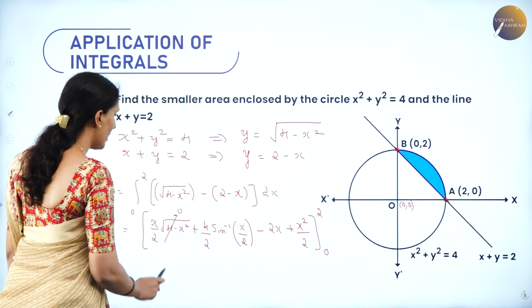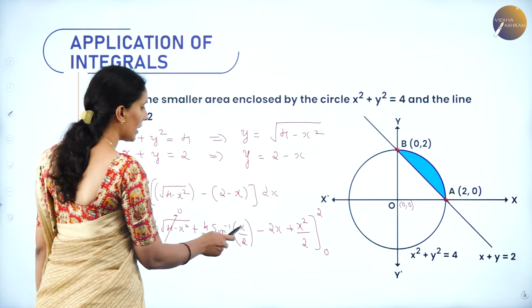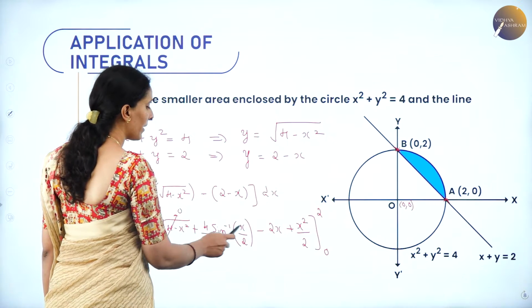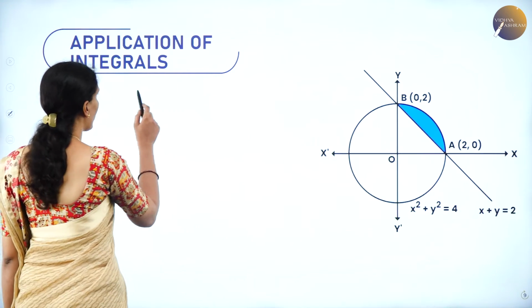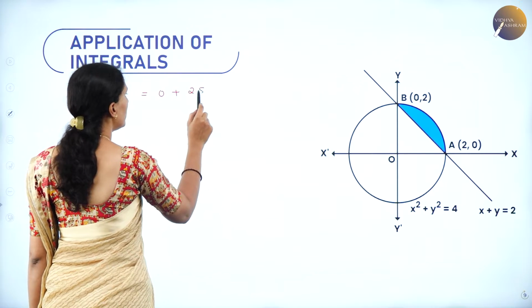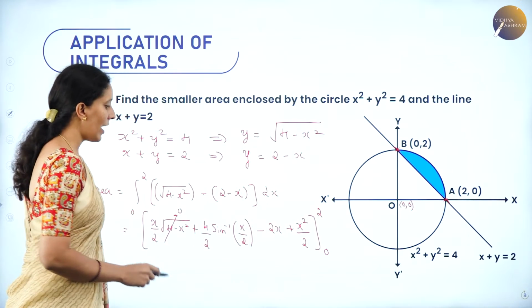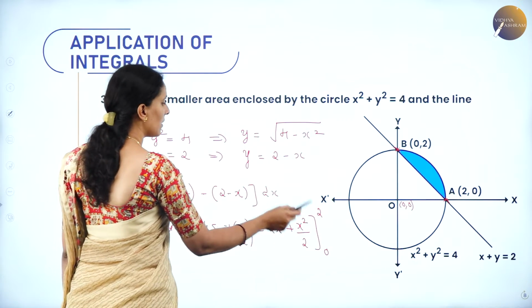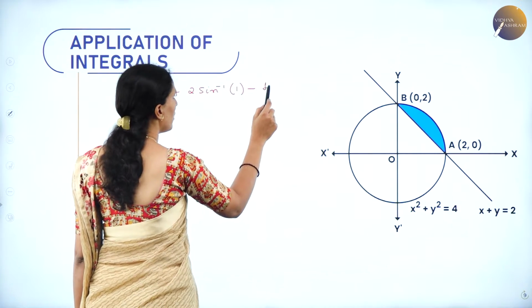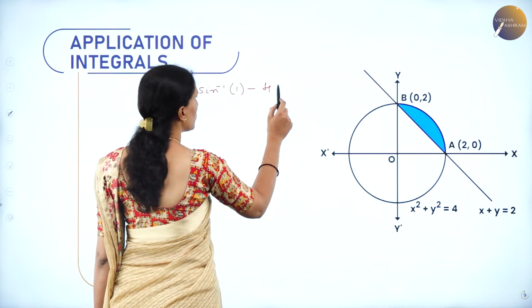The second one, 4 by 2, can be written as 2. Here in the place of x if you put 2, it becomes sine inverse 1. So you can write it as 0 plus 2 into sine inverse 1. Next you have minus 2x, which becomes minus 2 2s are 4. Next you have 2 square by 2, which is 4 by 2, so plus 2.